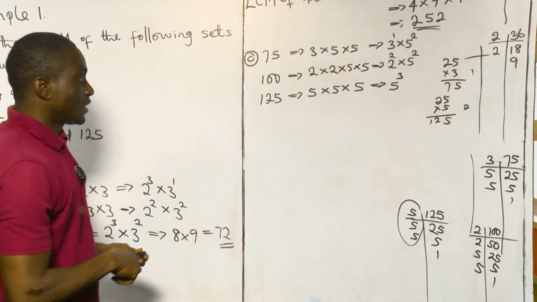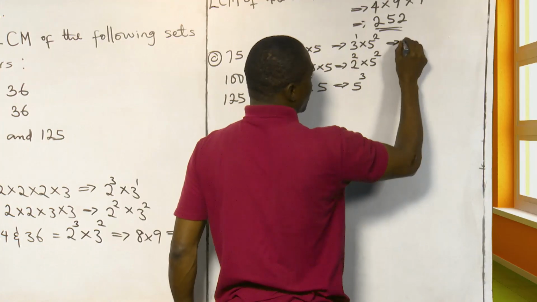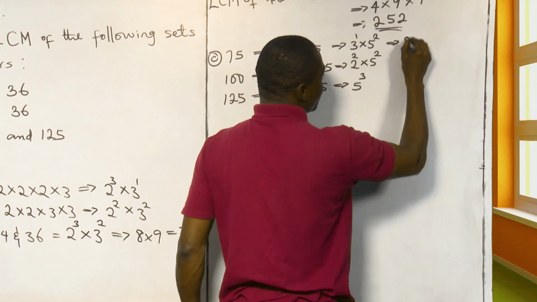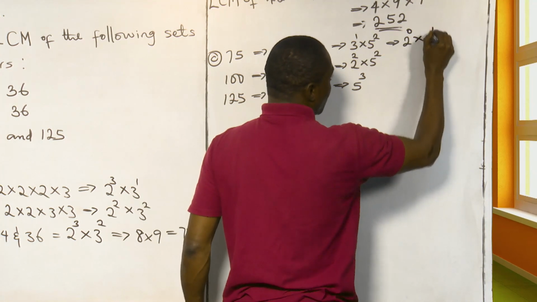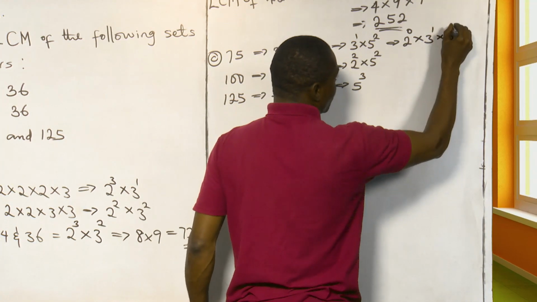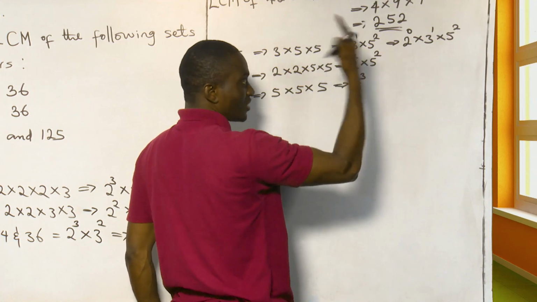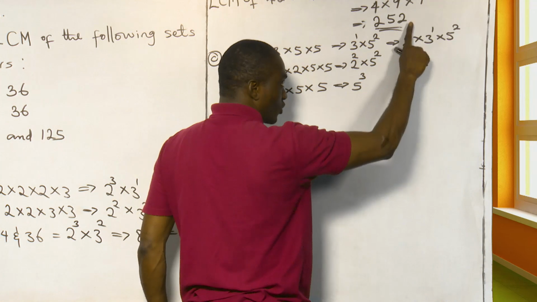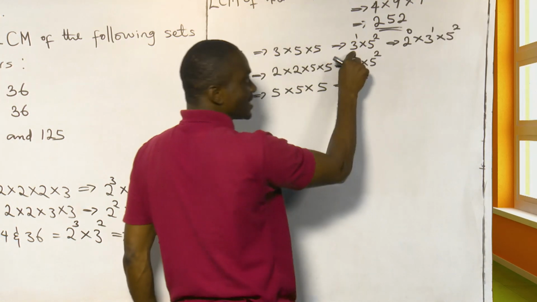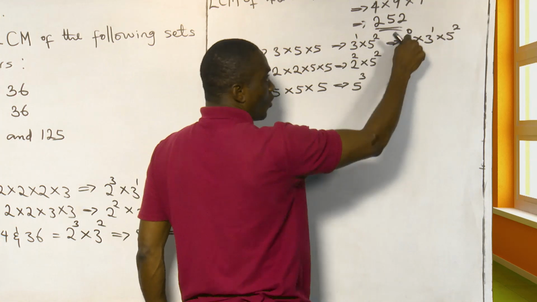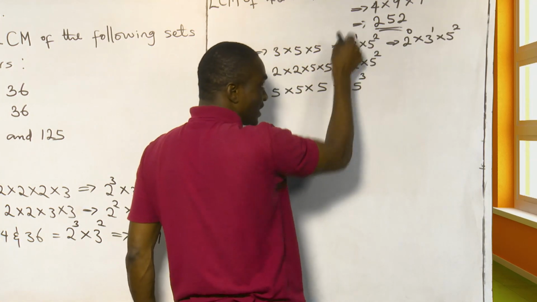Now this can also be expressed as, since we don't have base 2 here, I can say 2 raised to power 0 times 3 raised to power 1 multiplied by 5 raised to power 2. Okay, this 2 raised to power 0 is 1. 2 raised to power 0 will give us 1, so I've not changed anything. All this 1 I've written here is still the same thing as this. 1 multiplied by all this will give us all this. We retain this value.